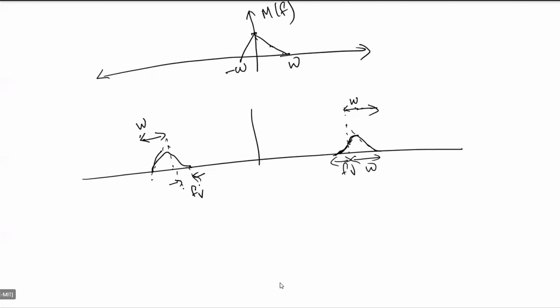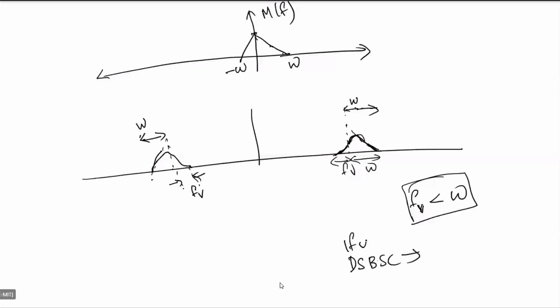Ma'am, how is taking more bandwidth a compromise? FV is less than W. If I had used DSB-SC modulation, my bandwidth would have been 2W.